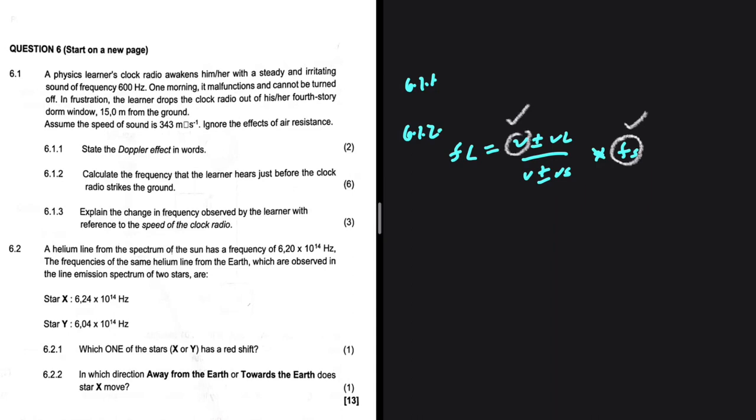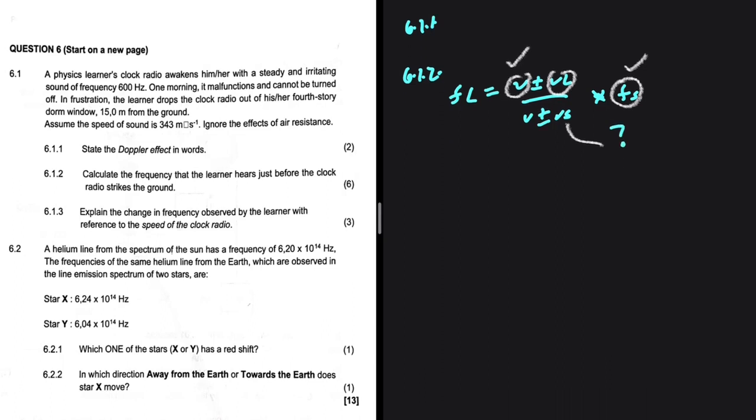The velocity of the listener is stationary. The listener is in her room, so we have that it is equal to 0. I think what we need is the velocity of the source. We want the velocity of the clock just as it strikes the ground. Let's gather our information and see which equation we need to use.